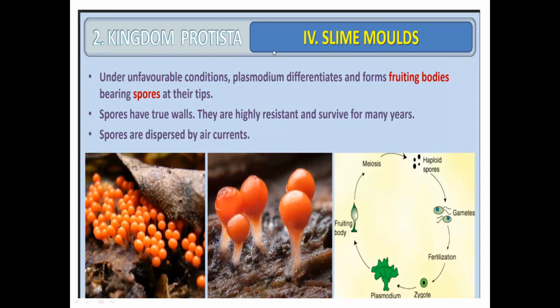Next, under slime mold, only under unfavorable condition, plasmodium differentiates and forms fruiting bodies bearing spores at the tip. When there are unfavorable conditions, conditions which are not suitable for growth, this plasmodium will form fruiting bodies.